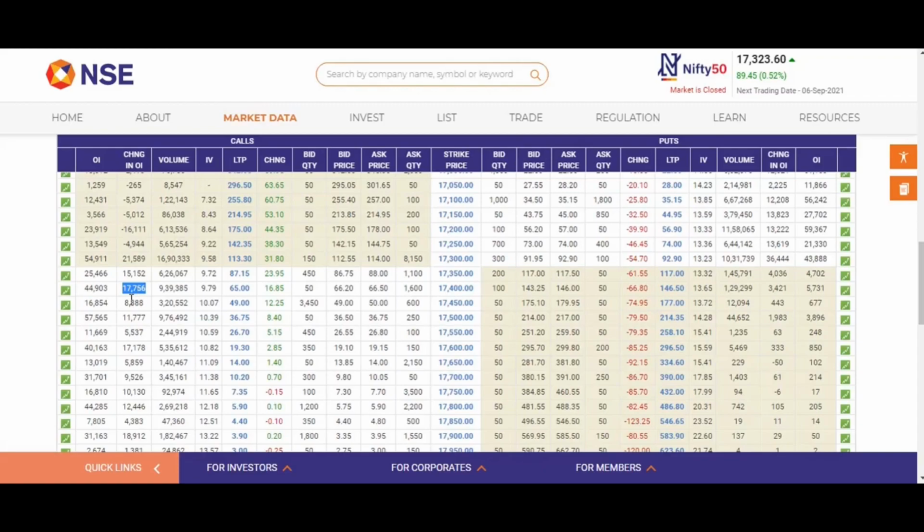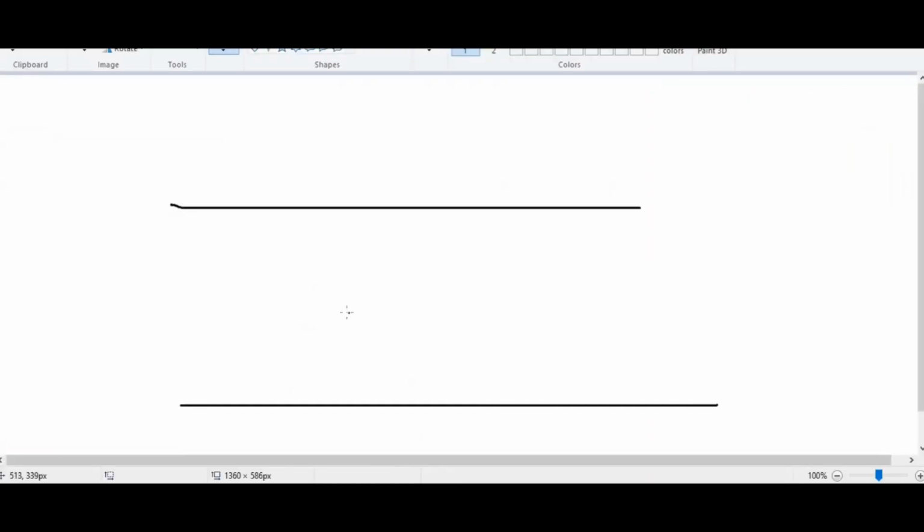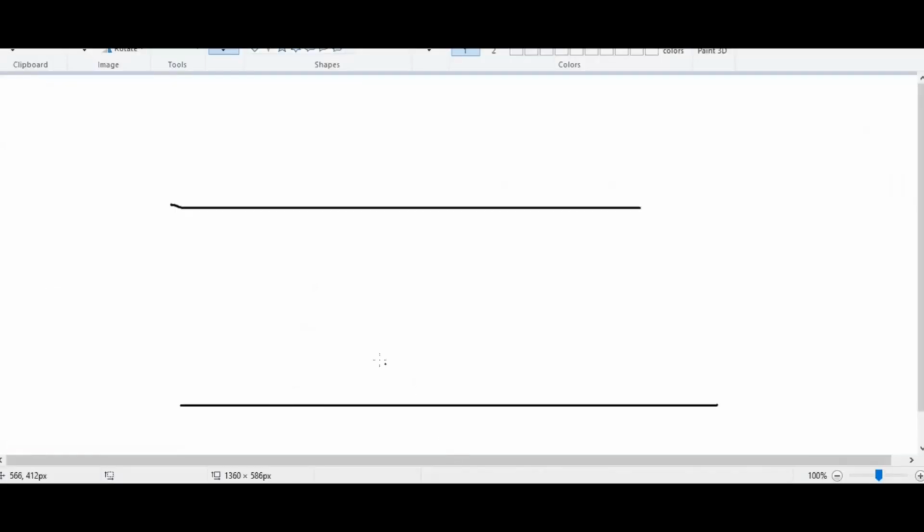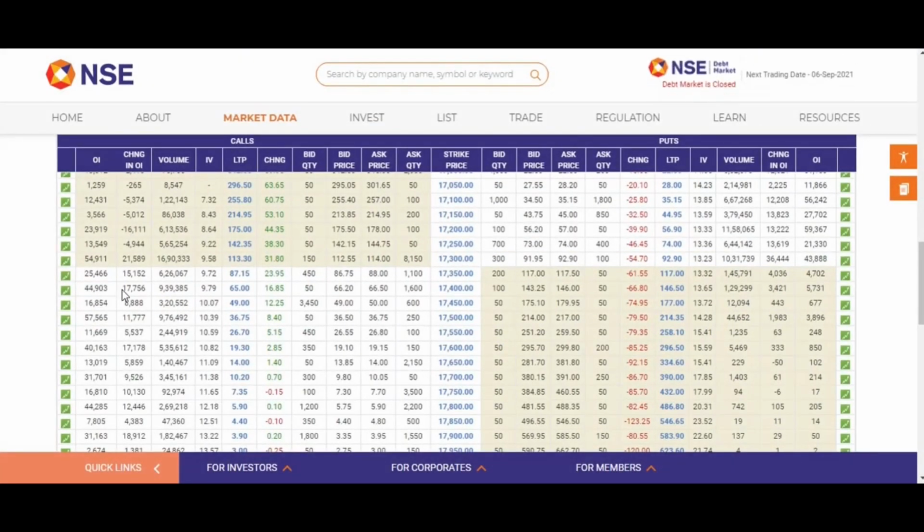Now, how would you understand that? You would understand with the help of price action. The markets would react to such a change. So if it is a long build up, if someone is heavily buying these calls, the market would start to show some upward momentum, because the market reacts to everything. And if it starts to go down, then you have to understand that someone is selling, someone is creating selling pressure on this particular strike price.